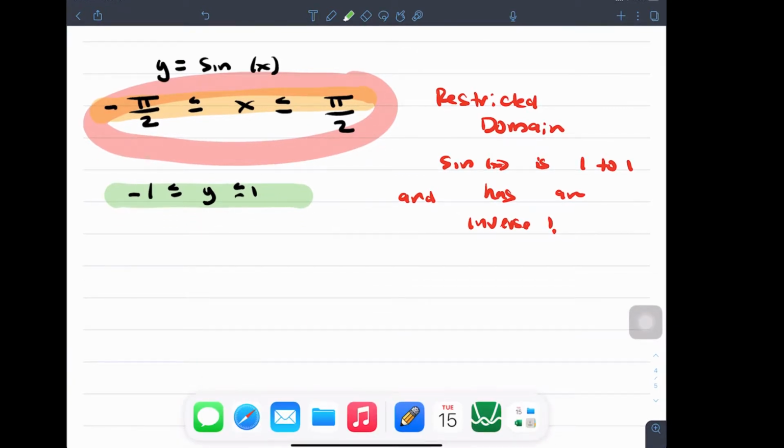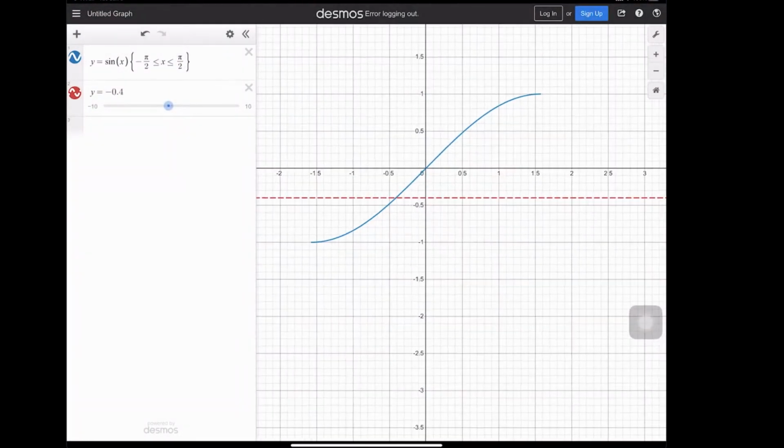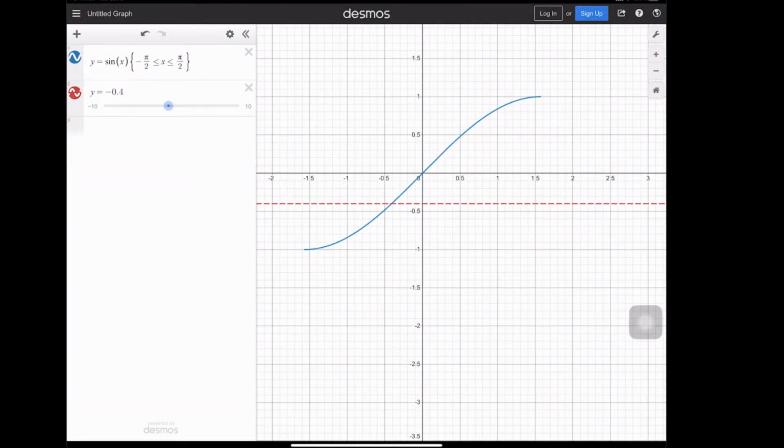So I want to kind of go back to this picture in Desmos. And there is a way. Let me see if I could do this.